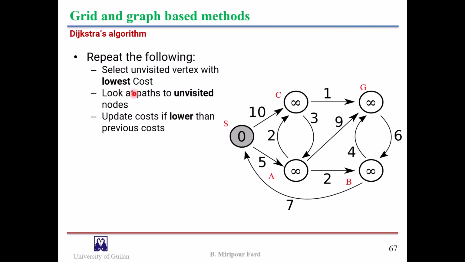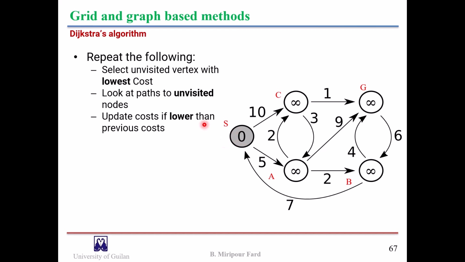The unvisited vertex with lowest cost is selected. Then we look at paths to new unvisited nodes. These constitute the open queue set. After that, we update costs if they are lower than a previous cost. We will color gray the nodes whose shortest distance from S we are currently determining. They are the open queue set.